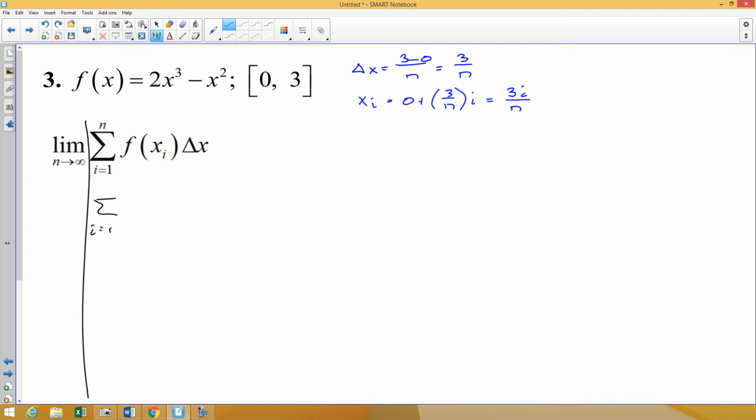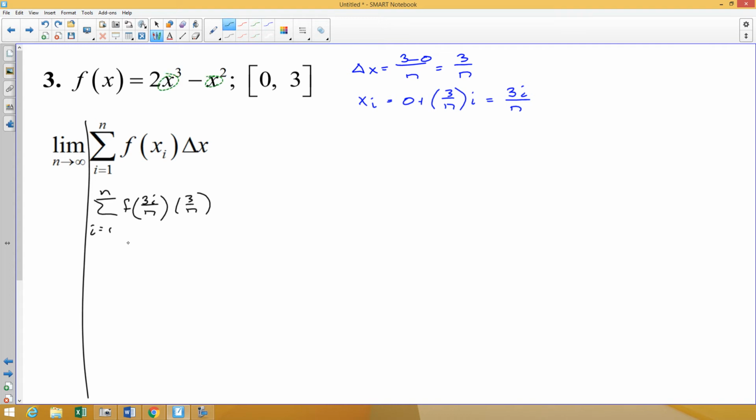The sum from i equals 1 to n. f of x sub i is 3i over n times my delta x, which is 3 over n. And then I'm going to find f of x sub i by plugging 3i over n in for the x's here.